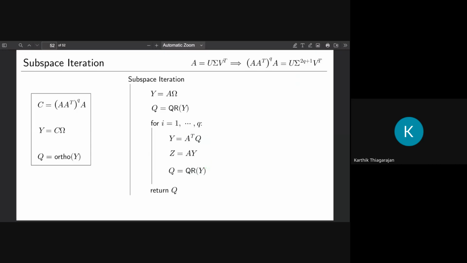Is that the question? Was that the only question here? My question was about this orthonormalization that we are doing in the loop. Is it meant to prevent overflow or underflow of the calculations in iterative methods? Because we are repeatedly multiplying the matrices, so there may be a risk of overflow or underflow happening. Is that the reason we are doing this orthonormalization in every iteration? Yeah, perhaps.